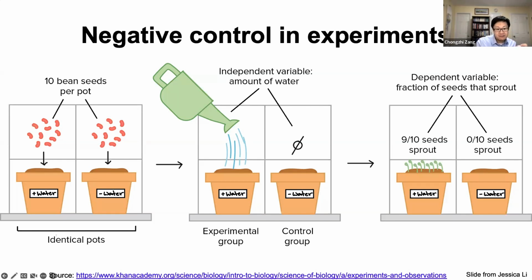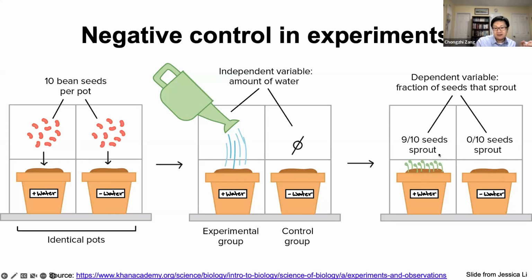So we have two identical pots and put the same amount of seeds in each pot, but we use different treatment, one with water and one without water.